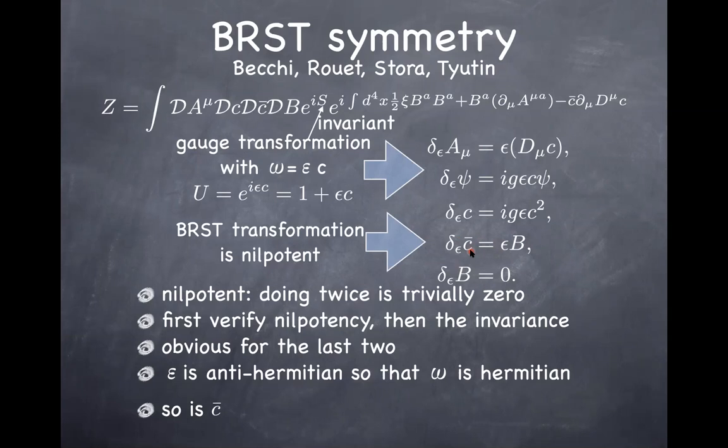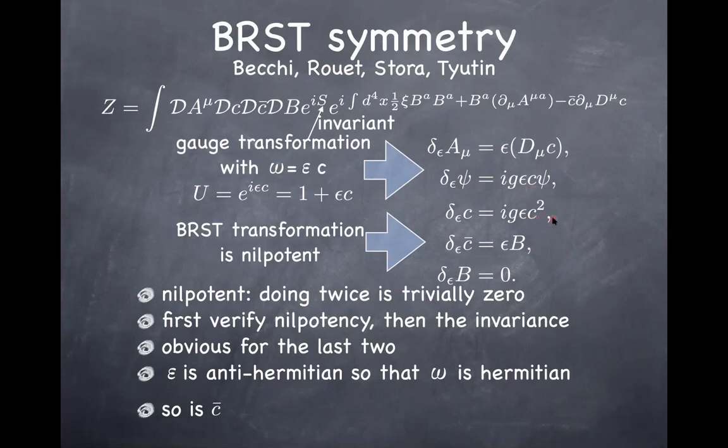Any questions about this? I wonder if the C squared factor is a typo in delta epsilon c, because C squared is zero. Right? No, C squared is not zero. Remember, C is C^A T^A, so it's a matrix. If I square this, there is a piece which corresponds to the anti-symmetric product of T^A and T^B, which is nothing but a commutator.